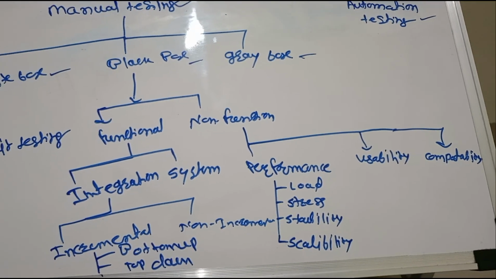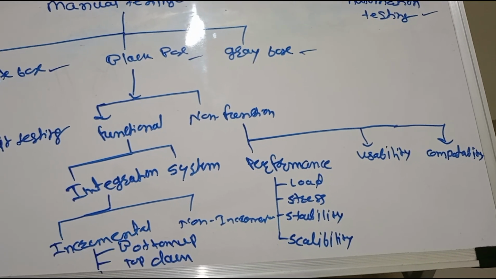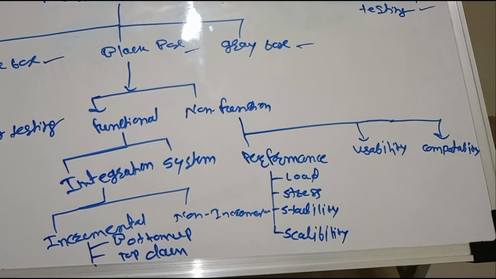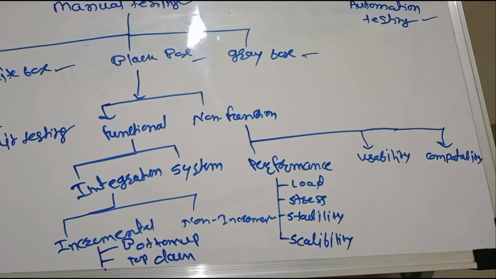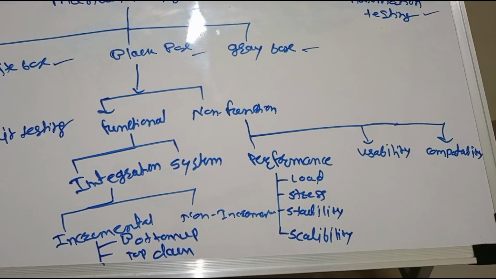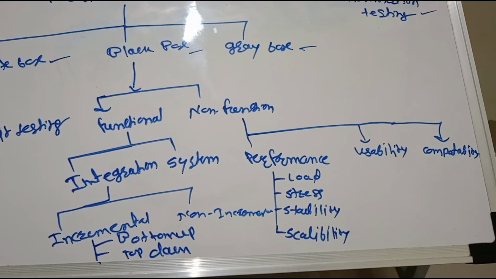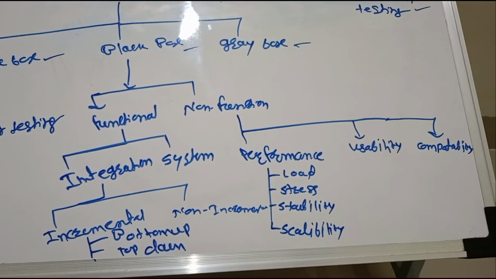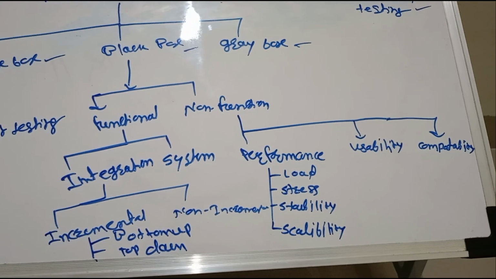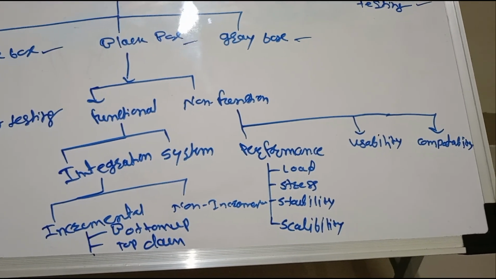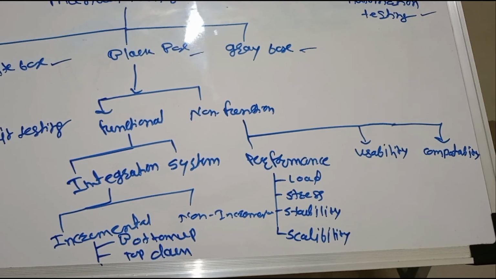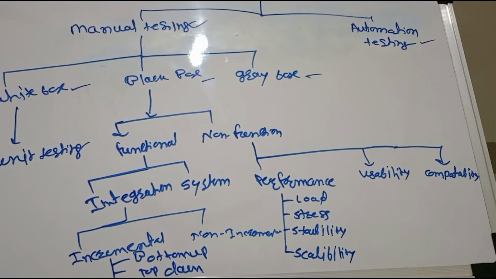You can see that in the diagram. Functional again has two types, integration and system testing. And in non-functional there are different types like performance, usability, and compatibility. And performance has load, stress, stability, scalability, and all those things.